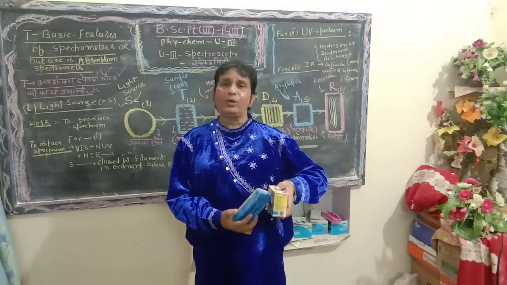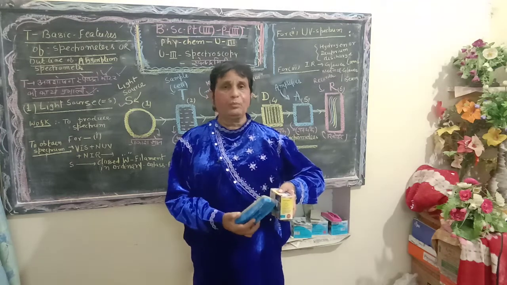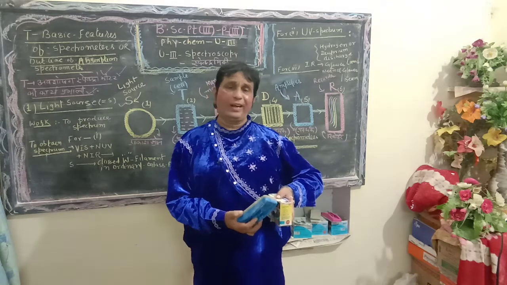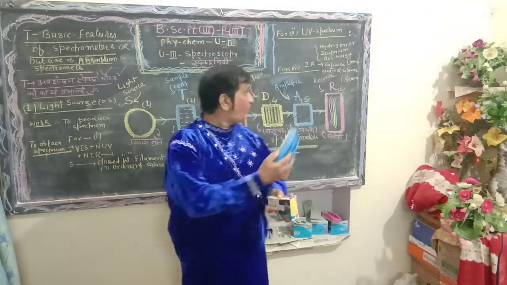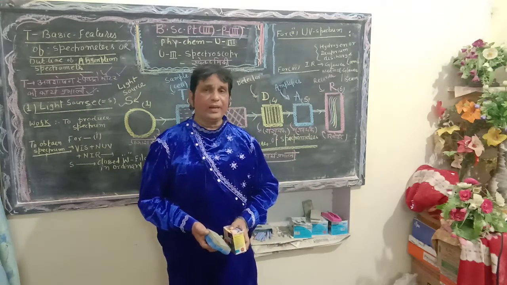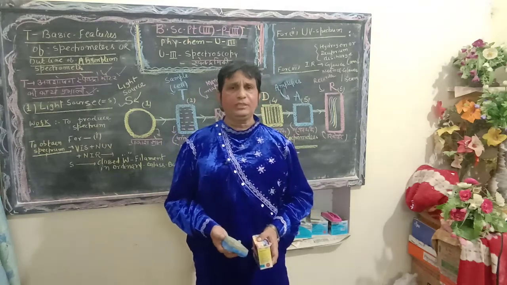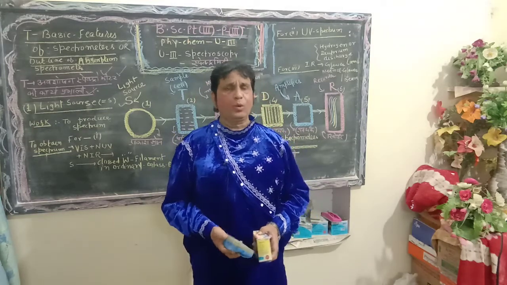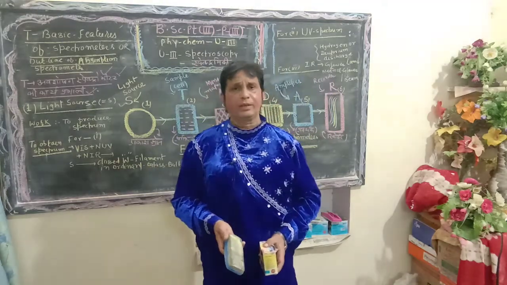A maximum part of the radiation is absorbed by the substance, and a small part of the radiation is allowed to pass through the radiator and then on to the photographic plate. In such a case, the spectrum produced on the photographic plate is known as an absorption spectrum.